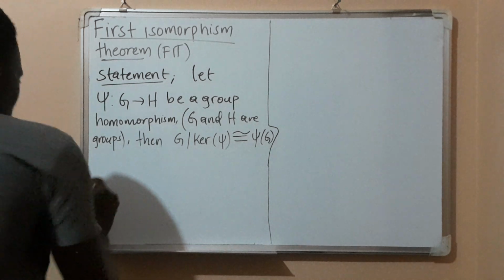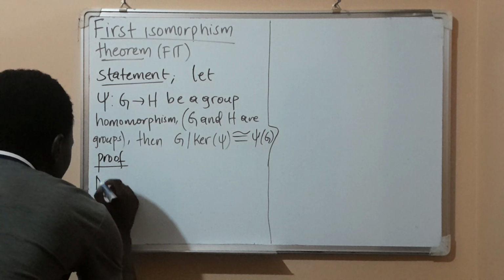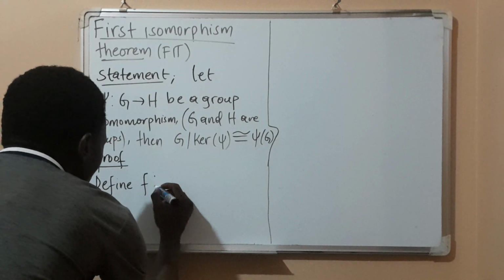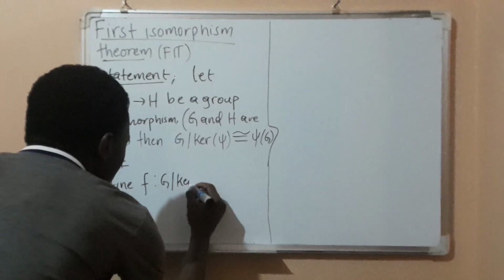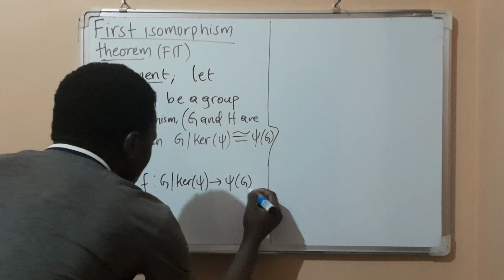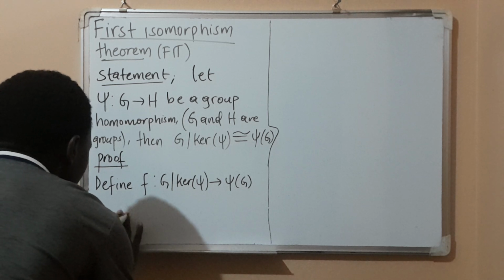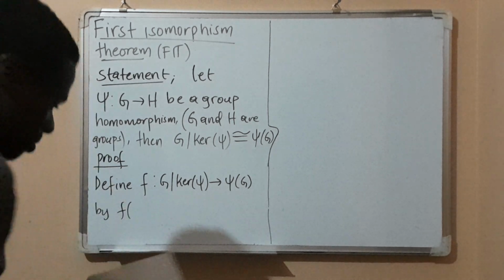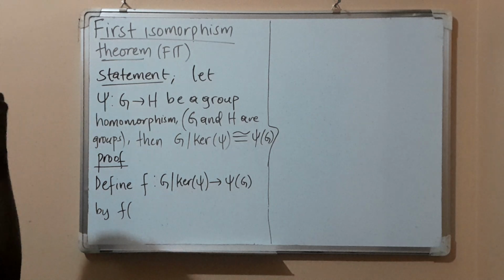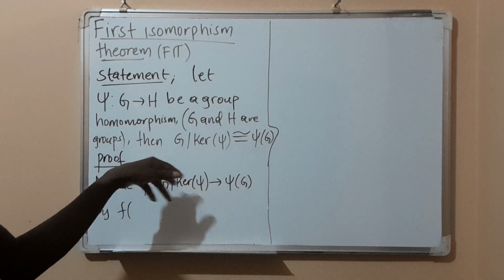Proof. We are going to define a map F from G over the kernel to phi of G. So we are having a map from a factor group to phi of G. So you have to think about how the elements within this group look like.